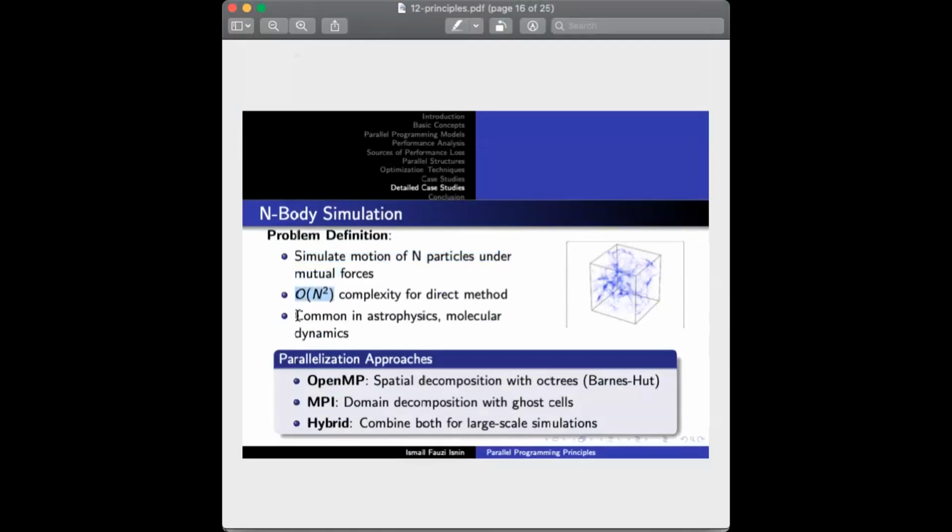It is also common in this kind of field. Even for my PhD, we got the data from this particle movement, simulating scenarios based on the movement of particles.